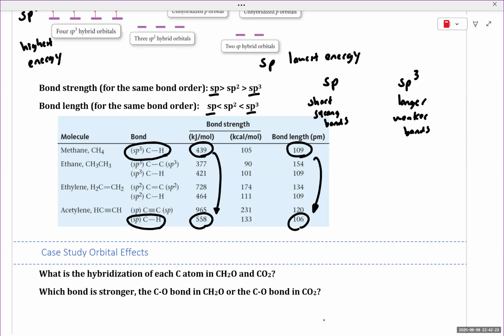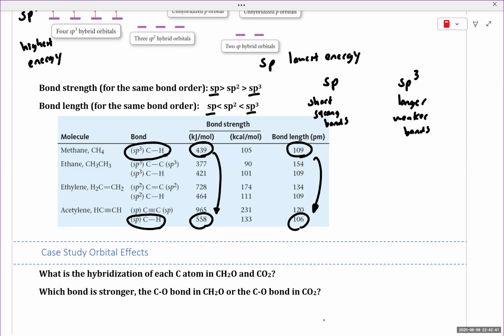Generally, these orbital effects have a much larger effect on relative bond strength compared to bond length.